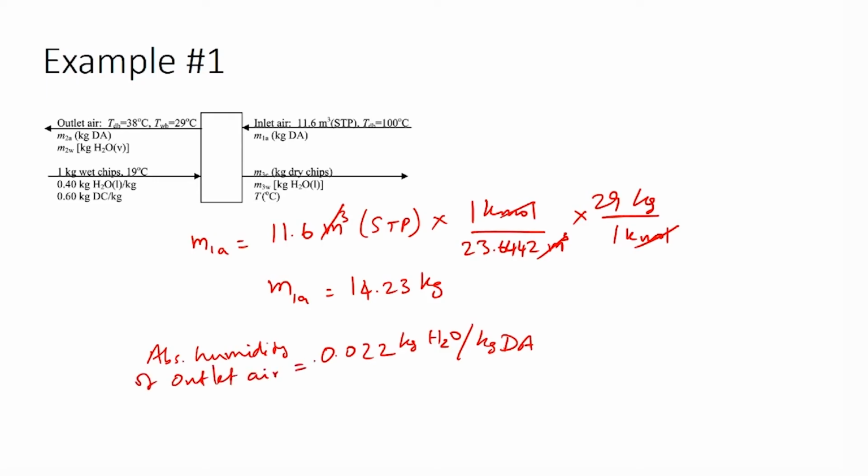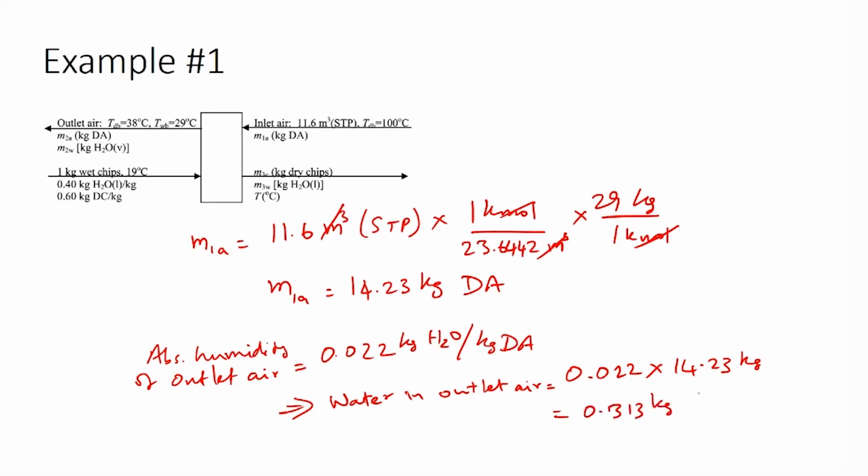So, we know the mass of dry air which is entering and leaving the system, and we know the amount of water present per kilogram of dry air in the outlet air stream, which means water in the outlet air stream would be equal to 0.022 times 14.23 kilograms, which is equal to 0.313 kilograms of water. So, 0.313 kilograms of water leaves with the air.